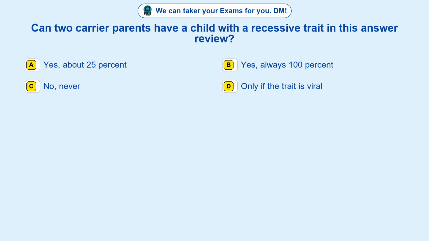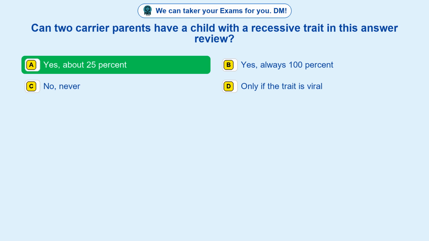Question 11. Can two carrier parents have a child with a recessive trait in this answer review? Option A. Yes, about 25%. Option B. Yes, always 100%. Option C. No, never. Option D. Only if the trait is viral.